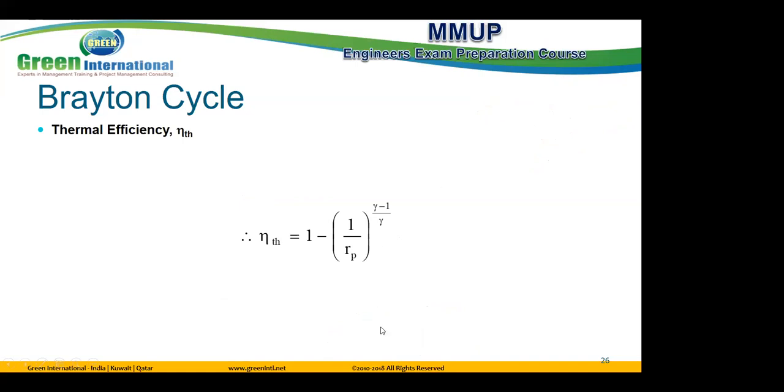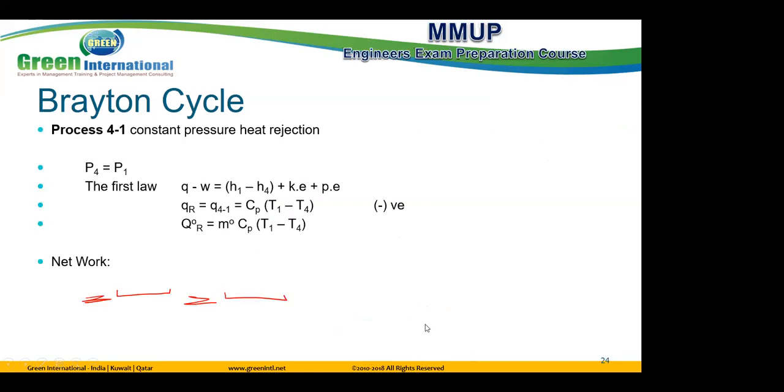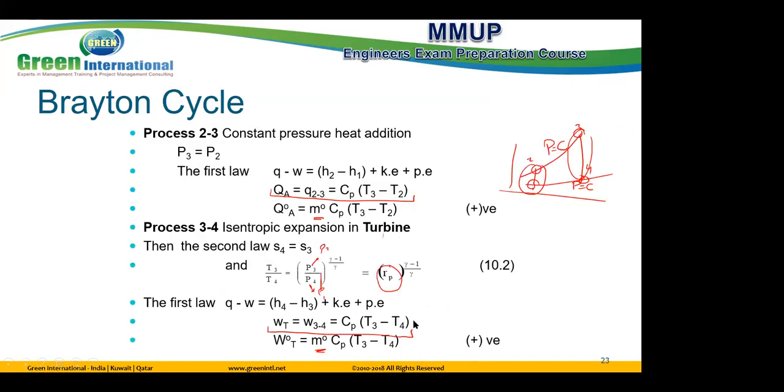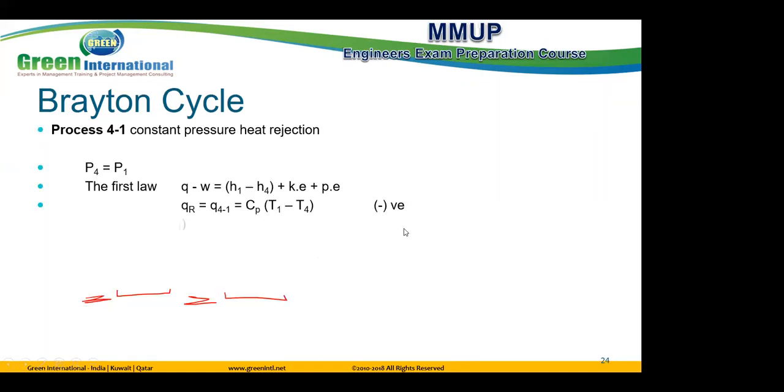If you substitute T1 over T2 by the regular equation here, T1 over T2 is the reciprocal, one over RB. This is what we substitute here.